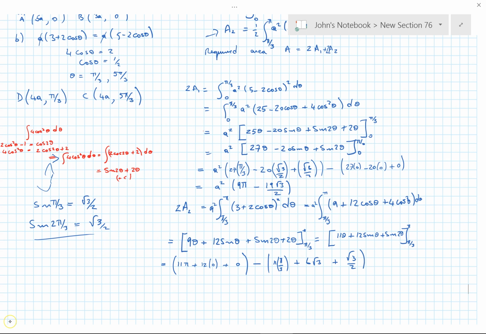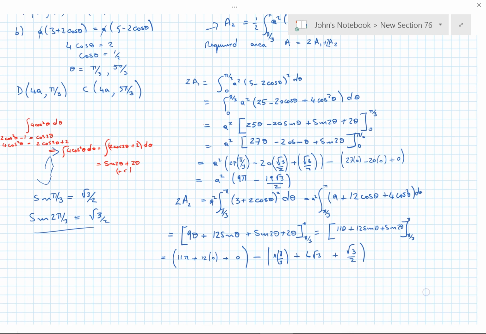Okay, so let's just tidy this up then. We've got 11 pi take away 11 pi over 3. So that's going to be 33 pi over 3, take away 11 pi over 3, so that's 22 pi over 3. And then we're going to have, this is naught, this is naught.